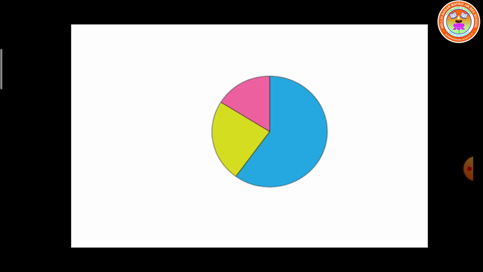Now, with the same data, how to do it in a pie chart? First, we have to draw the circle according to the values. I have divided the circle. Is it clear? Now, I have given the heading favorite pets. That is your title. Then dog, the classmates who like it are 60%.